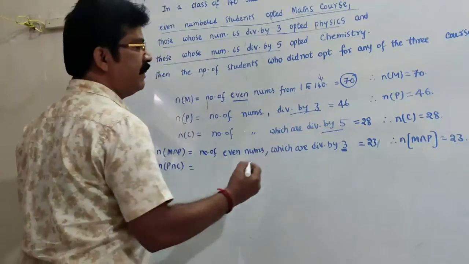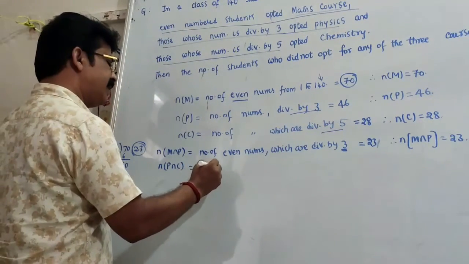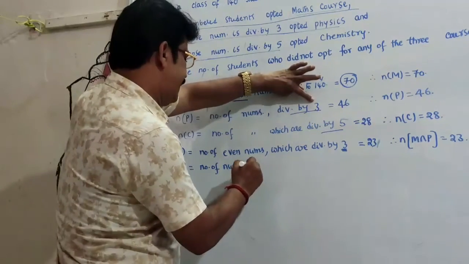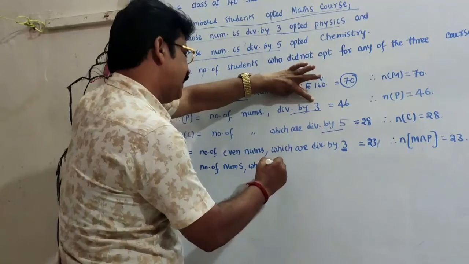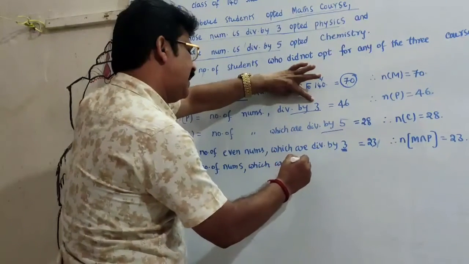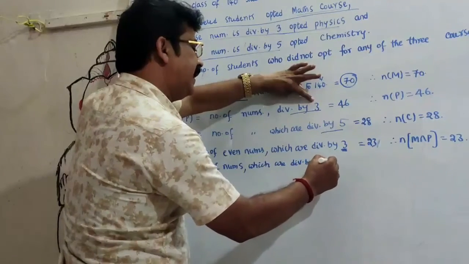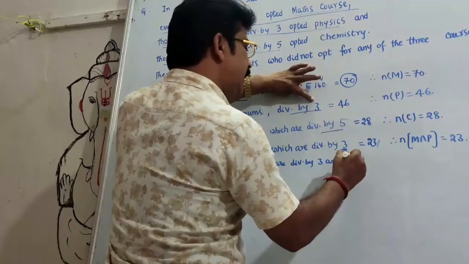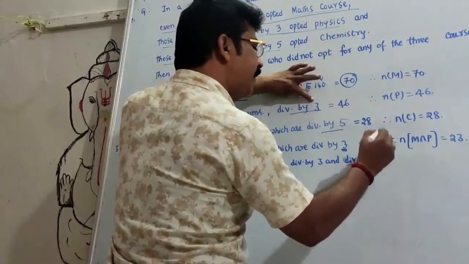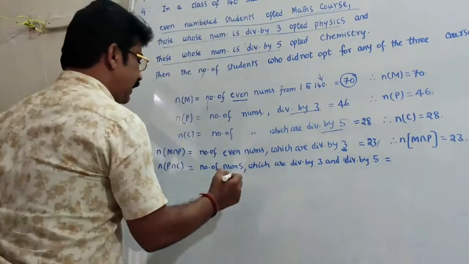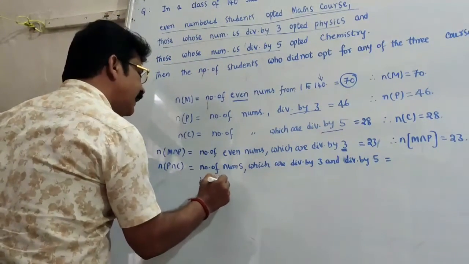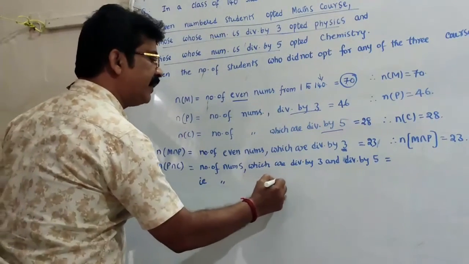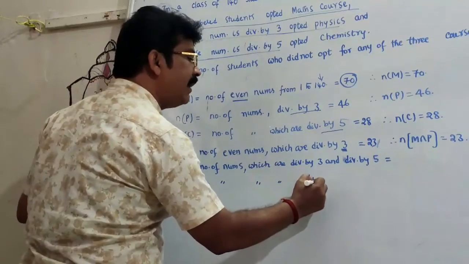The number of numbers which are divisible by 3 and divisible by 5, that is, the number of numbers which are divisible by 15.